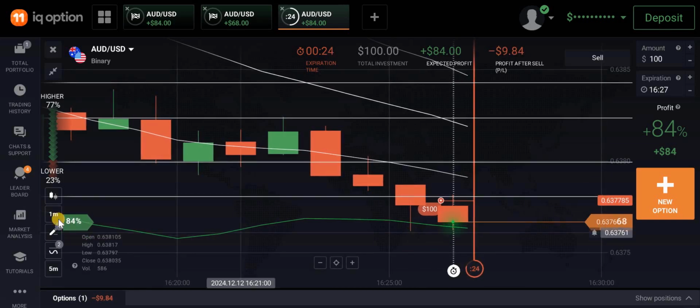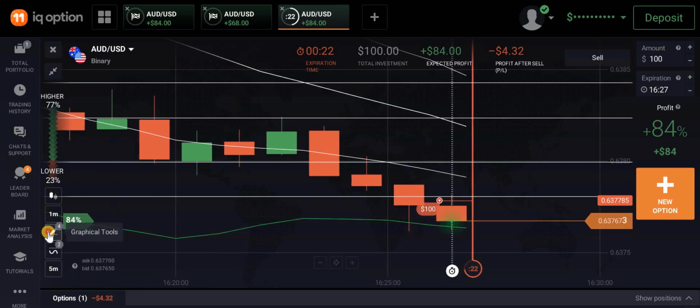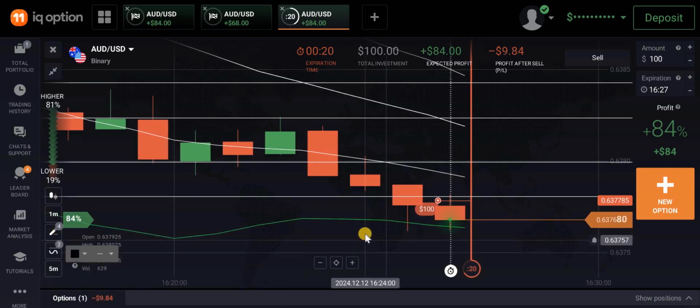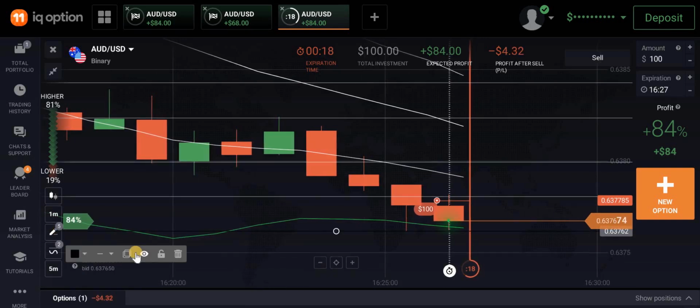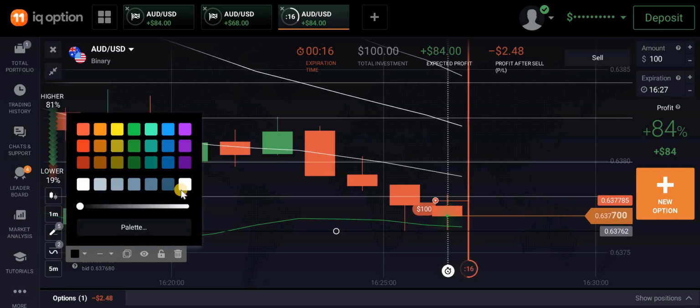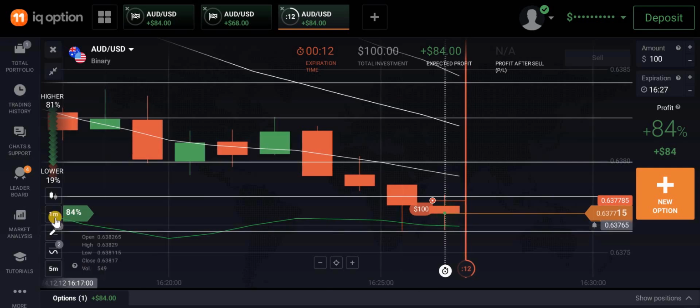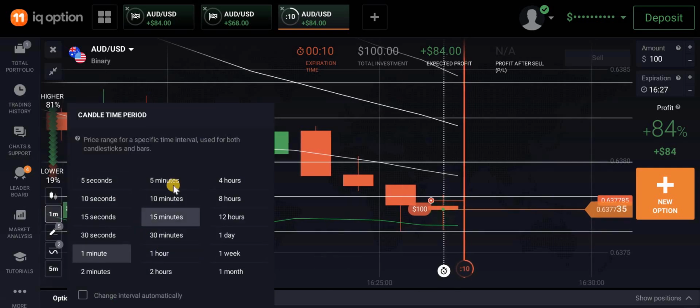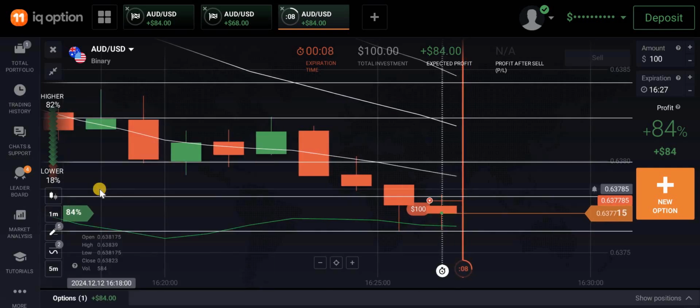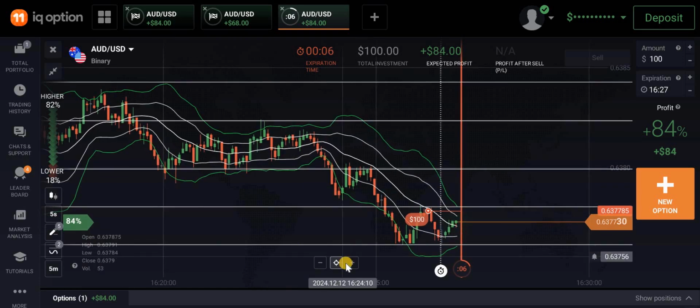But at this point, I'm still going to show you, the buyers were strong. They were really strong, as you can see. Going back to our 5-second chart once again, look at the buyers now.